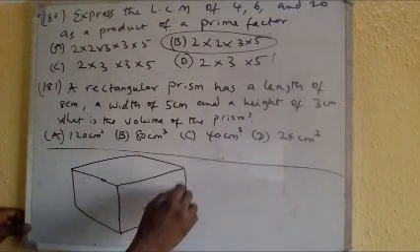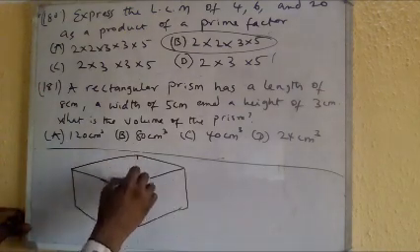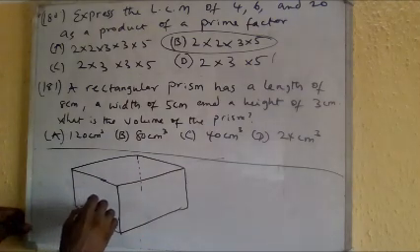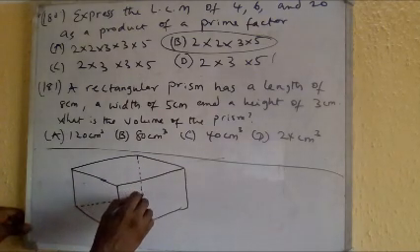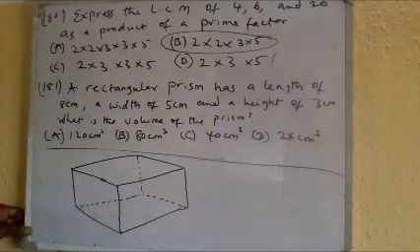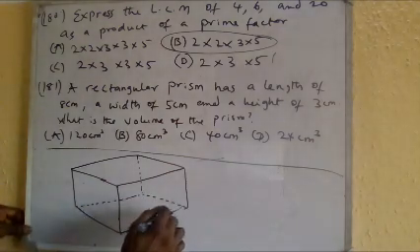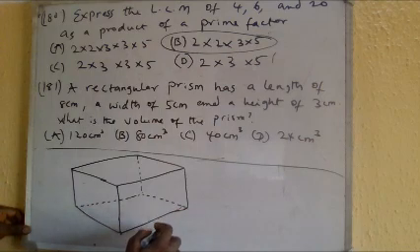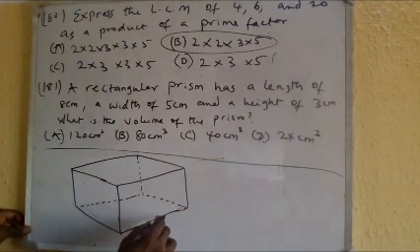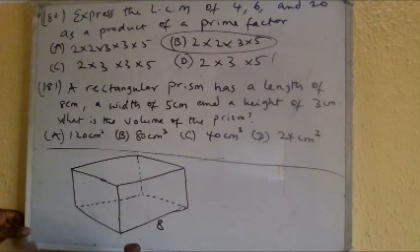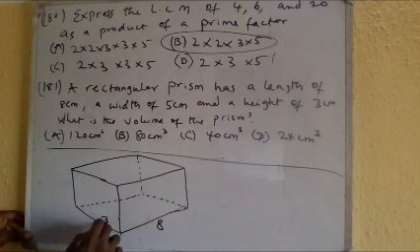So these are the hidden details. So I have length is 8 cm. Width is 3 cm. Then height is 5 cm.